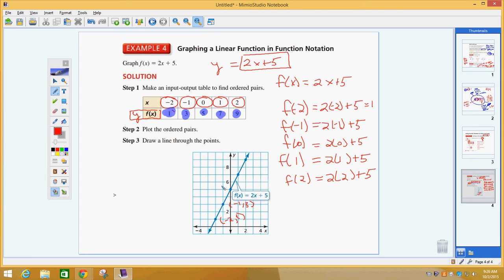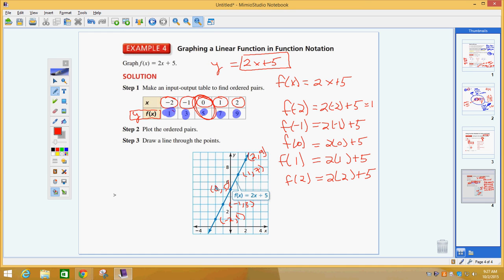Then we have 0, 5. See, right here. Pulling these from the table. Next is 1, 7. And then the final point is 2, 9. And if I plotted those points, then I could connect the dots and I have a graph. That's how we would do that by hand, and you need to know how to do that.